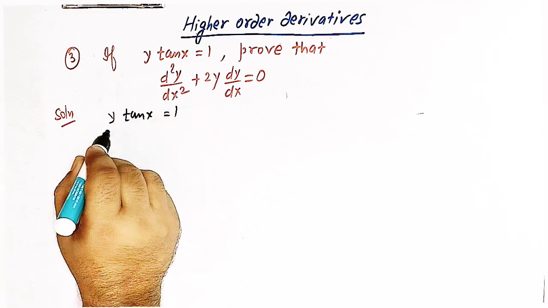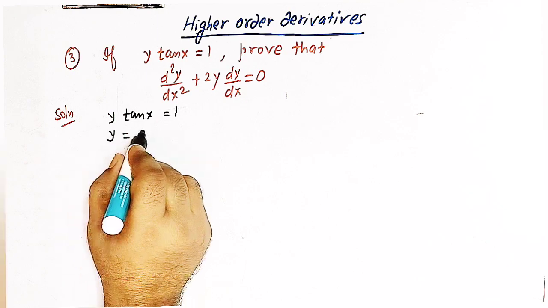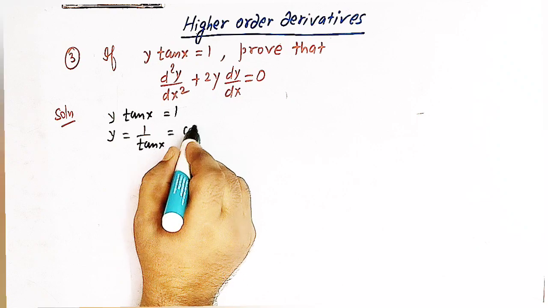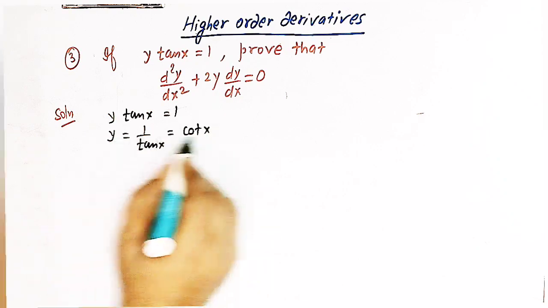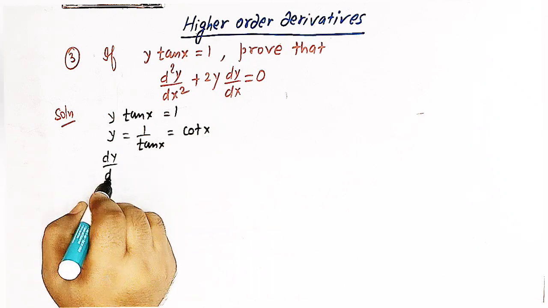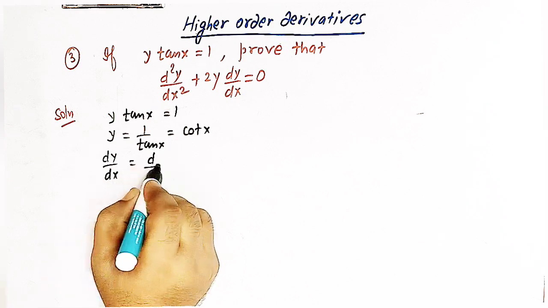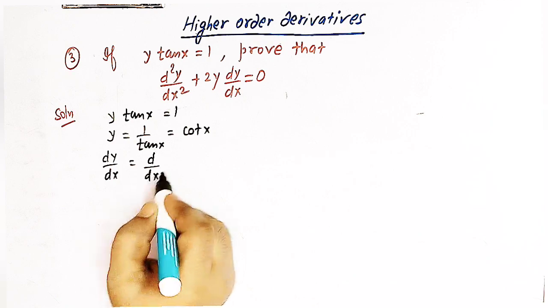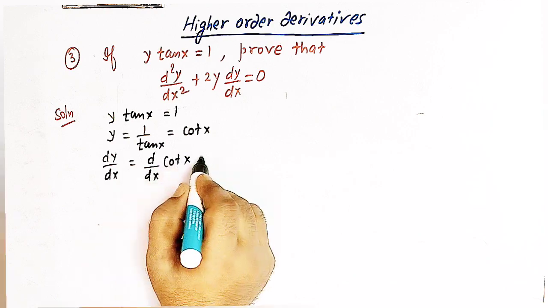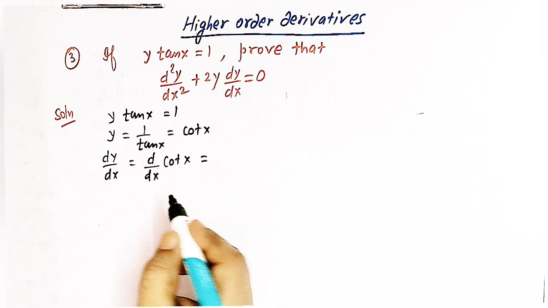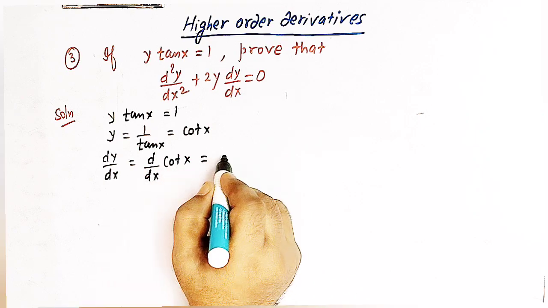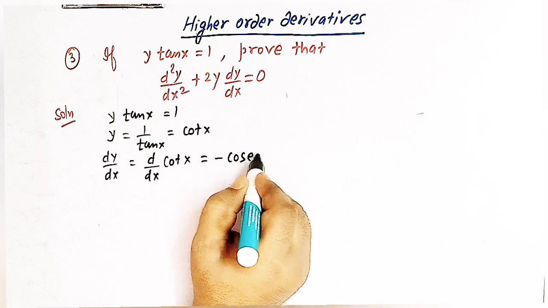So we can rewrite this expression as y is equal to 1 over tan x, that is equal to cot x, right? So now differentiating both sides with respect to x, we have dy over dx is equal to d by dx of cot x, and from the standard result we know that the derivative of cot x is minus cosec square x, right?